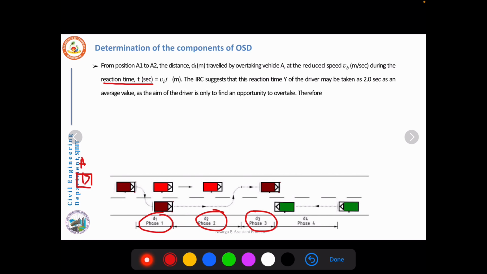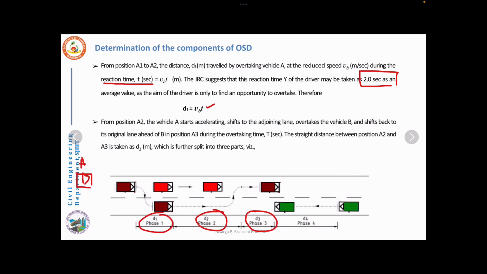So that's why the distance d1 can be calculated as the distance traveled by the vehicle during the reaction time t at the reduced speed of the slow moving vehicle, that is VB meter per second. Generally for the computation of the OSD, we can take the value of t as 2 seconds.